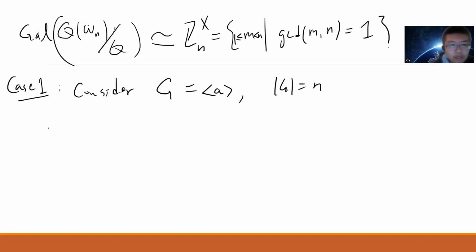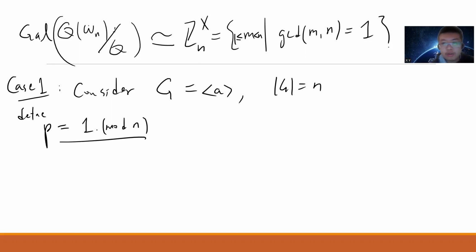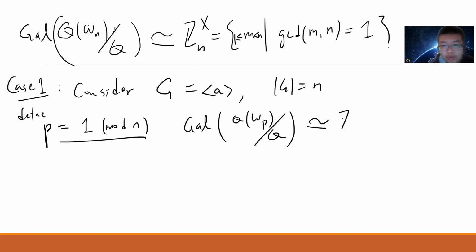We can find a prime p which is 1 mod n, because for a cyclotomic field we have infinitely many primes p such that this is true. The Galois group of Q(omega_p) over Q is isomorphic to Zp cross, which is cyclic, so this group has order p minus 1.